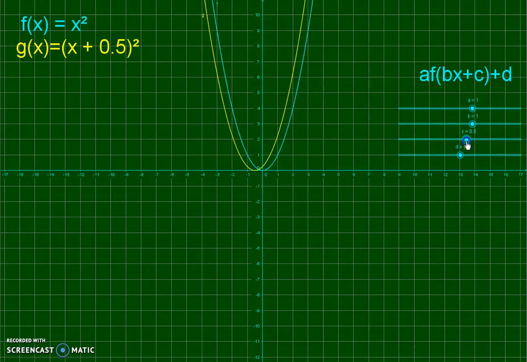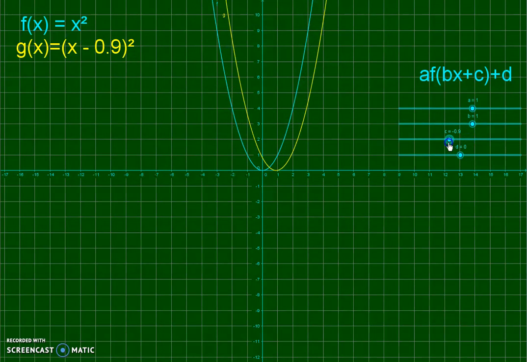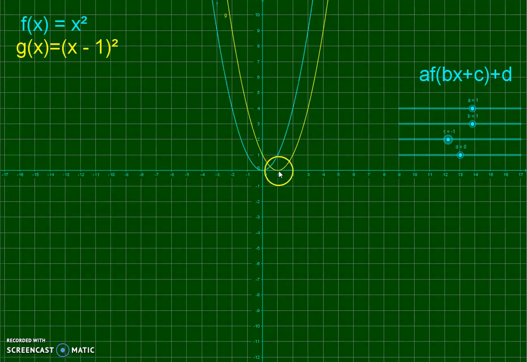Likewise, if we decrease the value to -1, we shift the graph to the right. So changing this c is always opposite its sign. If you add a positive value here, you're going to the left, and if you add a negative value, you're going to the right.